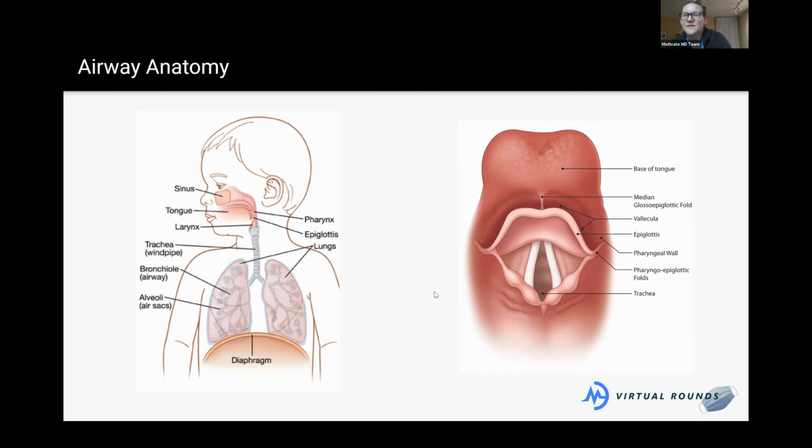We're looking at their sats. If their oxygen levels are really low, like below 90, then we start to get worried and need to give them supplemental oxygen. If the oxygen, through a nasal cannula or an oxygen mask, isn't working, what's the reason why? Is it because their airway is getting closed up and we need to make sure there's a tube that keeps it open?